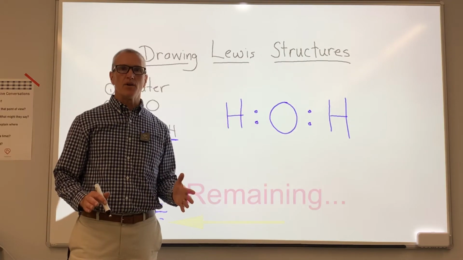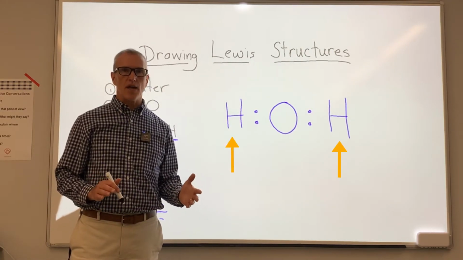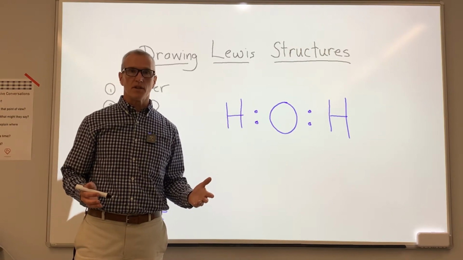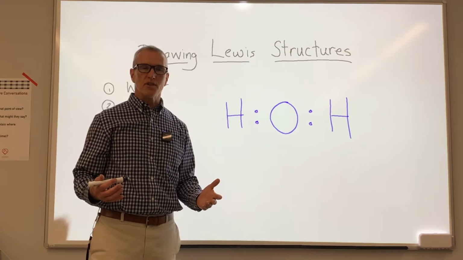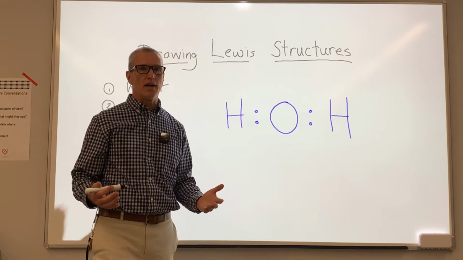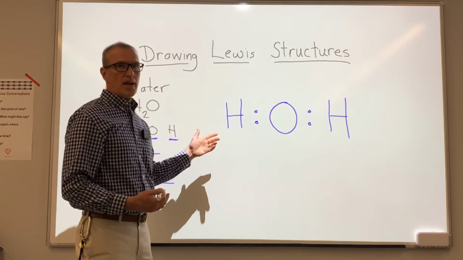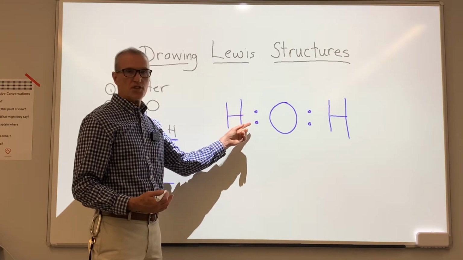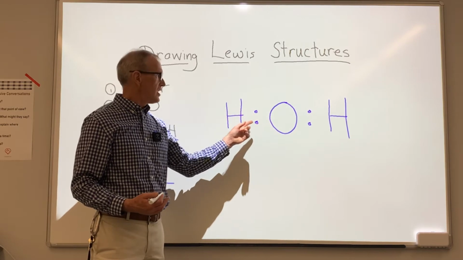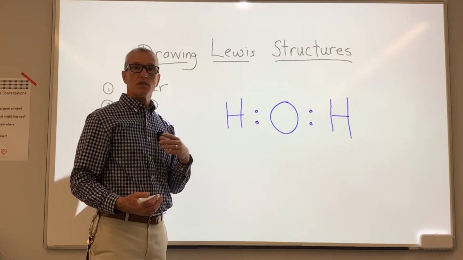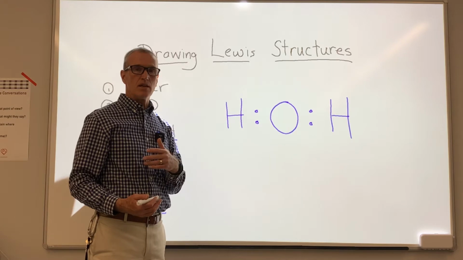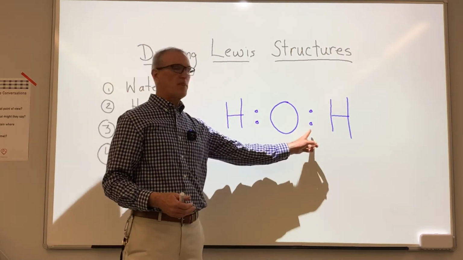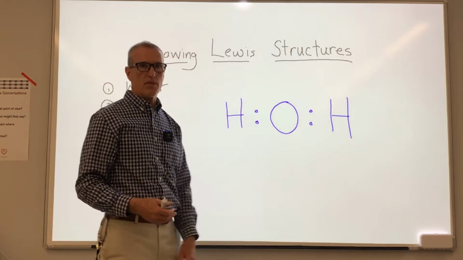What I want to do now is check the non-central atoms to be sure that they've satisfied the noble gas configuration. We know the noble gas configuration is the goal for all atoms. So the non-central atoms in this molecule are hydrogen. And I see here that hydrogen, by sharing 2 electrons with the oxygen, has 2 valence electrons, which gives it the same configuration as helium. So there you go, it's got its noble gas configuration. Same with this hydrogen over here, obviously same thing.